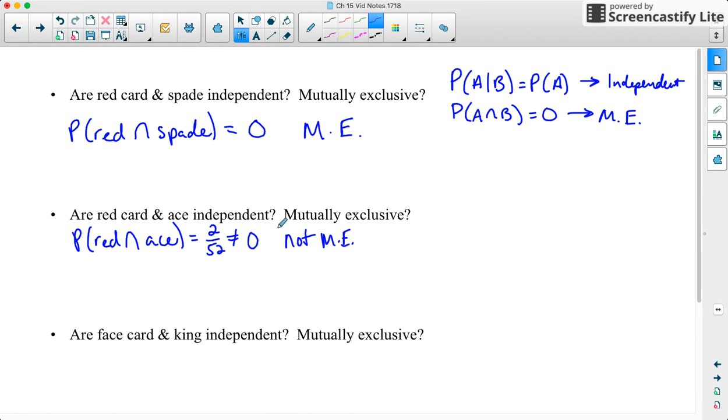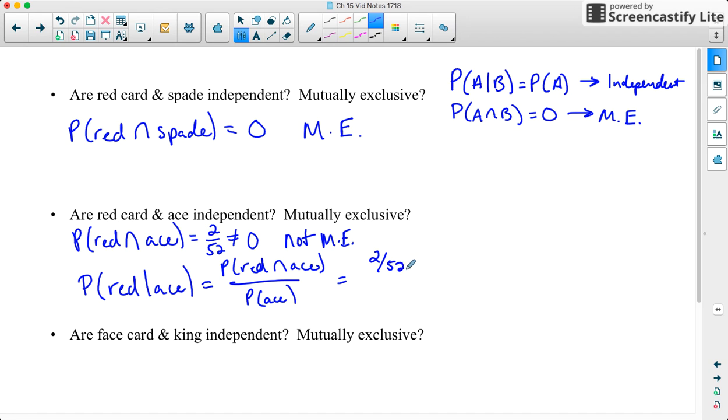So now the only question is, is it independent? Let's say probability of red given ace. It doesn't matter if we go ace given red or red given ace; we'll use it to check. Probability of red and ace over probability of ace. So red and ace is 2 out of 52.